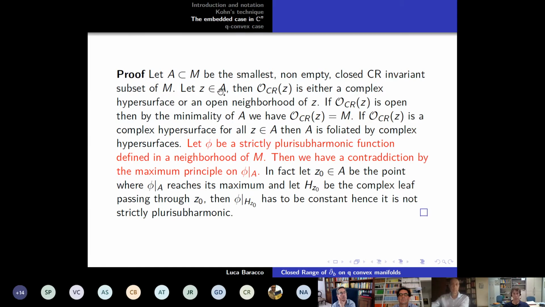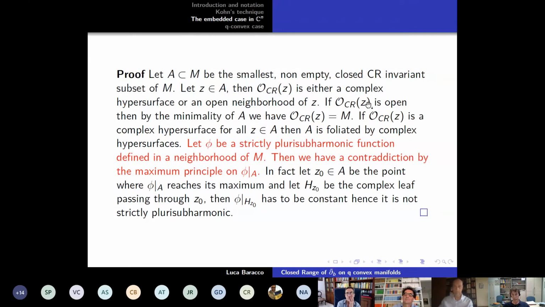Let Z be a point in A. Then we consider the CR orbit of Z, and we have two possibilities: either the orbit of Z is a complex hypersurface or it is an open neighborhood of Z.